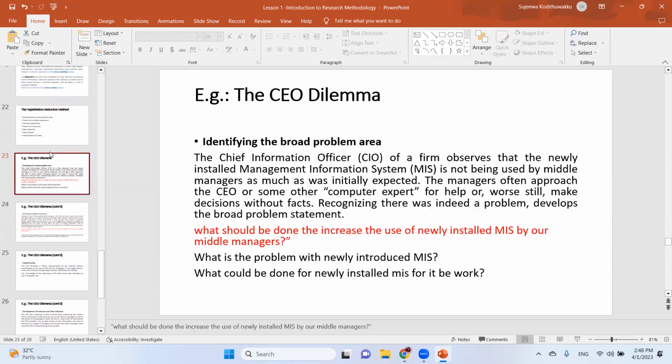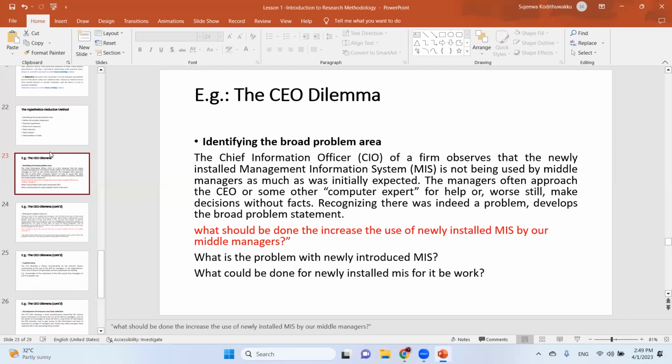Identify a broad problem area in an organization. I don't know whether you are working or not. If you are working, then you can select a problem from your organization.